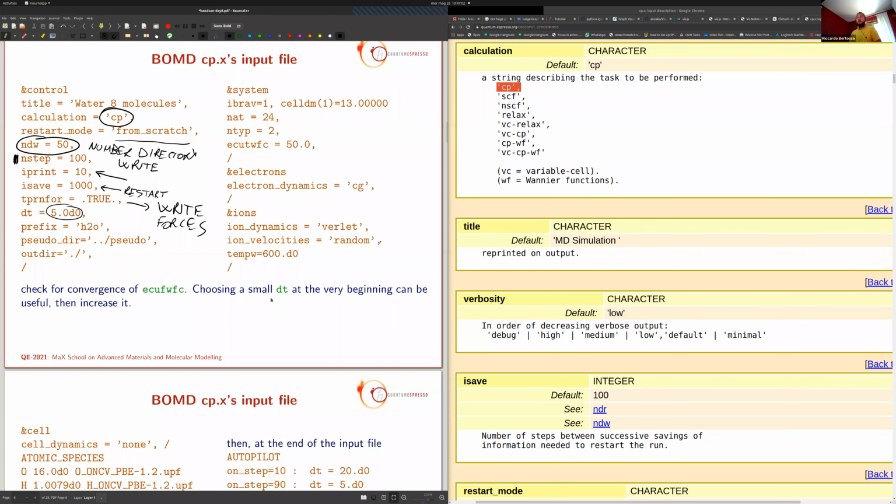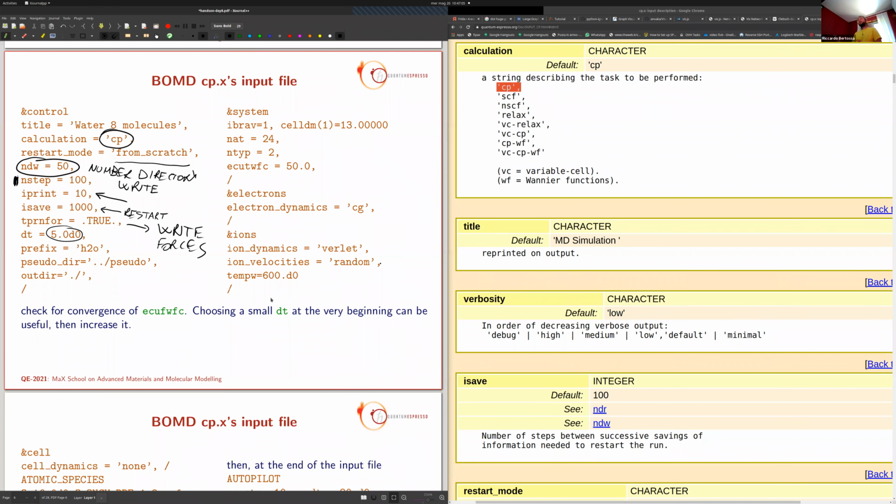So here we set this to 5. It is a really small value if you think about it, and it is useful at the beginning of the simulation to set a small value, especially if you choose an initial state with atomic positions that you guessed and you're not sure if they're good enough or not.